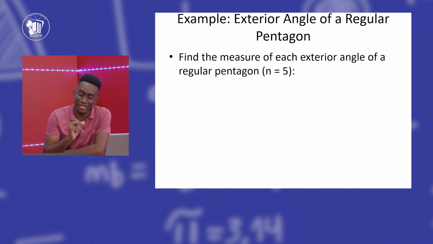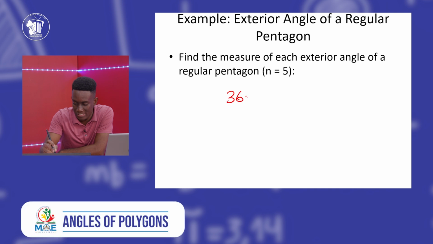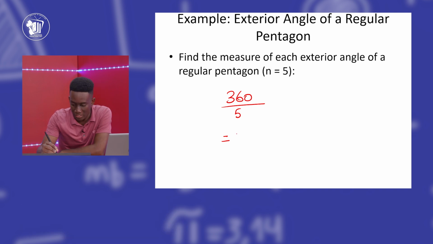A regular pentagon has 5 sides, so this will simply be 360 divided by 5, which gives us 72 degrees. So each exterior angle of this pentagon is 72 degrees.